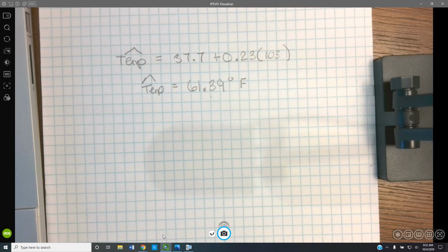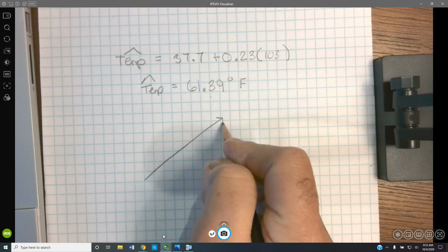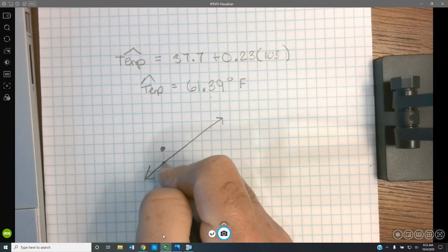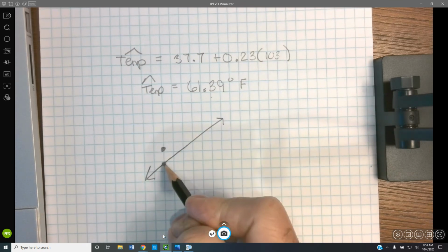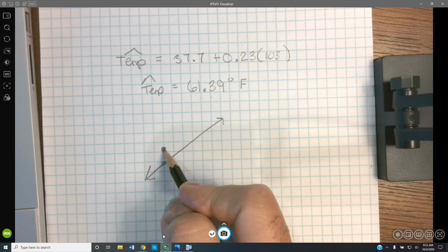So we have this value that we're measuring, and we're trying to see what the difference is between these two things. When we have a line of prediction and a data value, this is a prediction because it's on the line, and this is an observed value here.